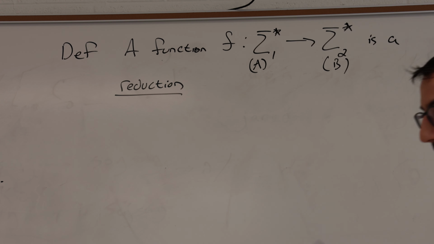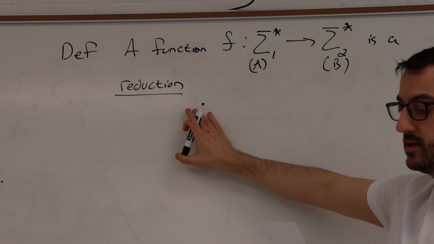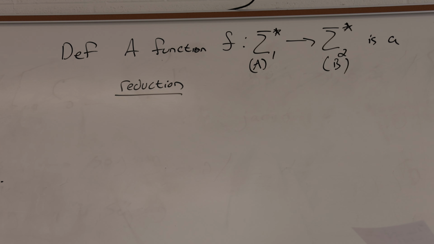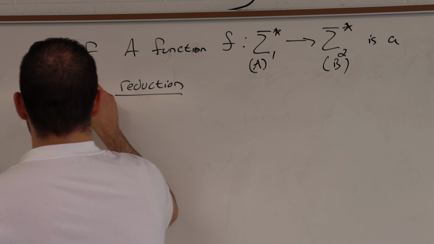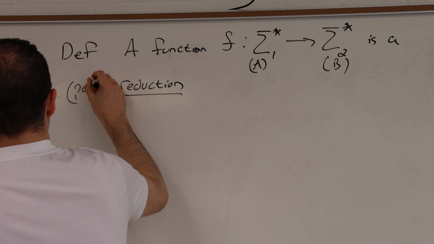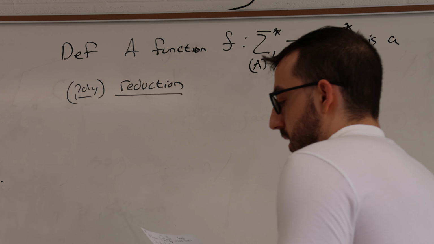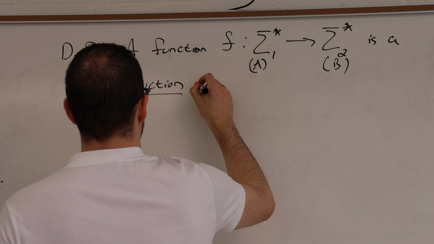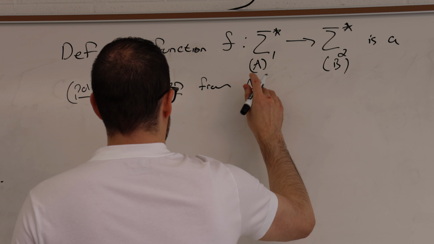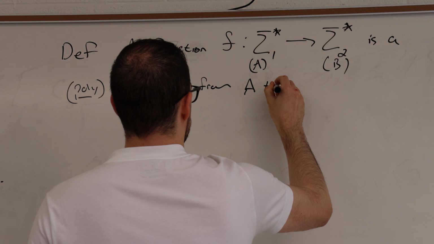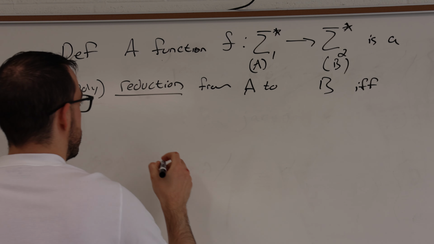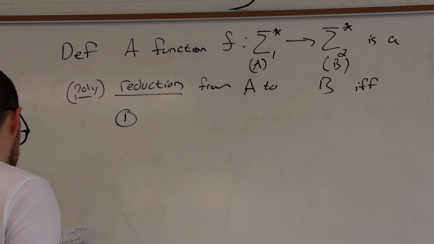There are many different kinds of reductions. A mapping reduction, many-to-one reduction. Here we're only going to be caring about polynomial reductions for today. So I'll put in parentheses a polynomial reduction. It's a polynomial reduction from decision problem A to decision problem B if and only if the following two conditions hold.